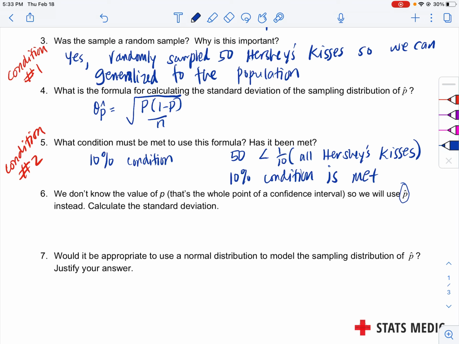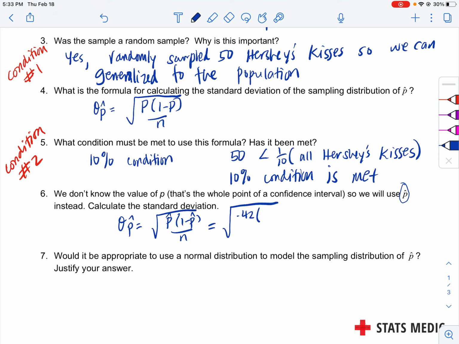So we are going to calculate the standard deviation as if we are using p-hat instead of p. Our formula would be the square root of p-hat times 1 minus p-hat, over n. Again, I'm using p-hat, not p, because I don't have p. What I do have is the sample proportion.